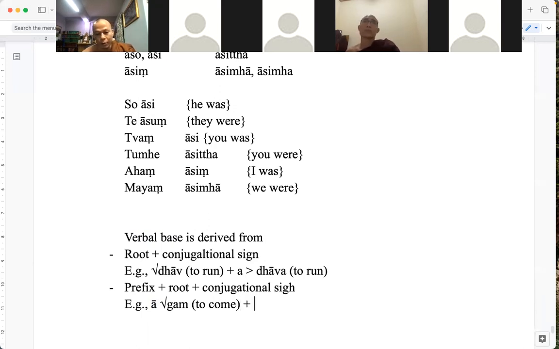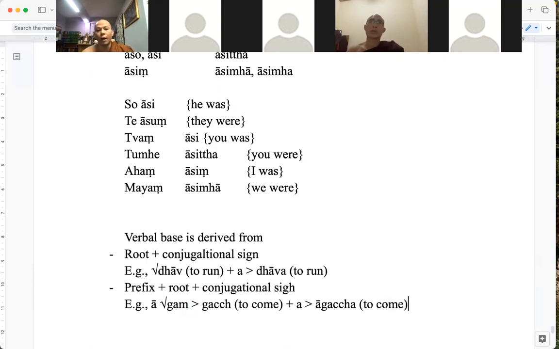After that, the conjugation sign a. The root gam has a special change from gam to gaccha. So in this way, we have another verbal base, āgaccha, which also means to come.